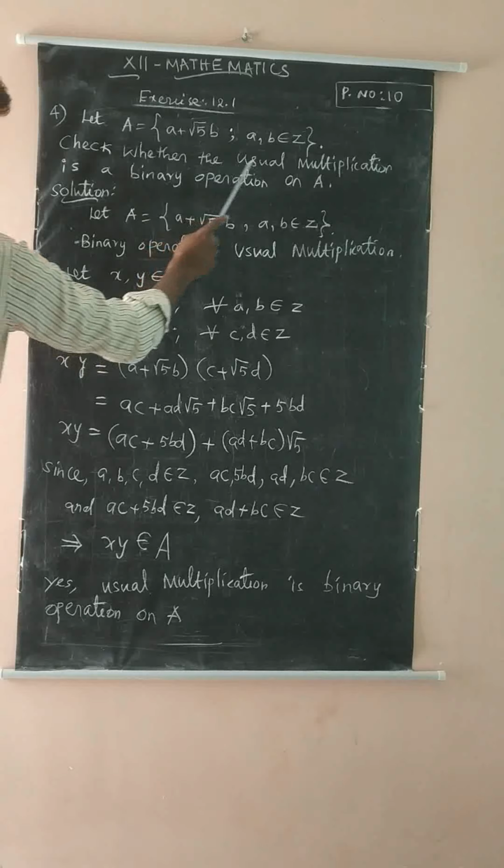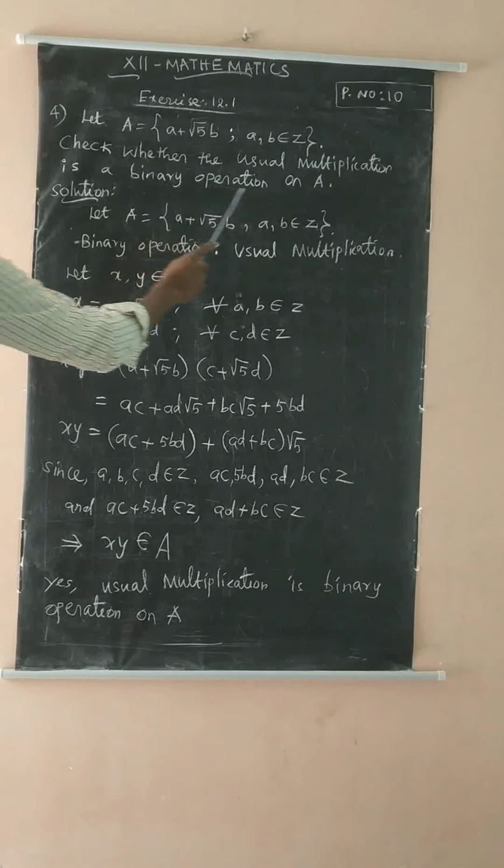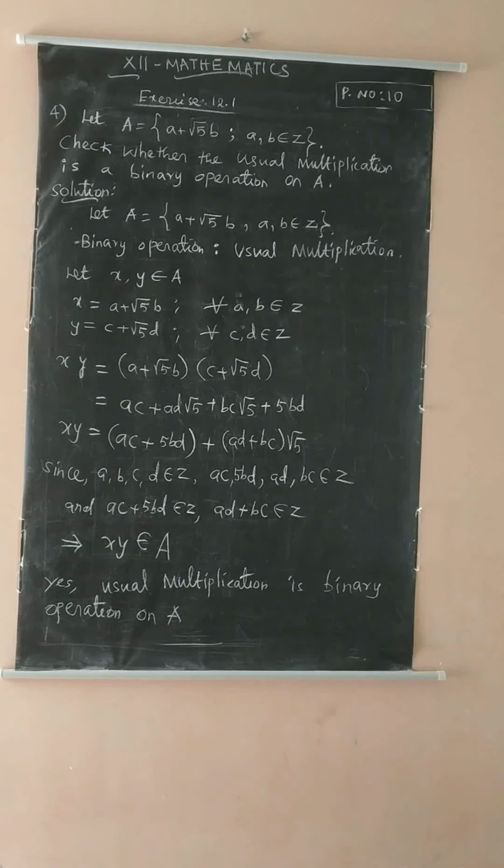Check whether the usual multiplication is a binary operation on A. Binary means we can take two elements of this format and, after multiplying them in the usual way, check whether the result is still in the set.